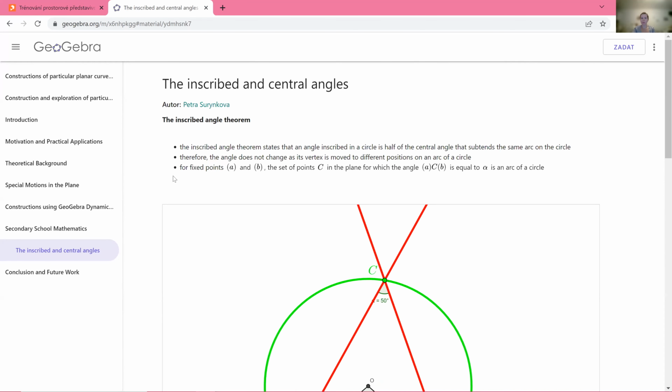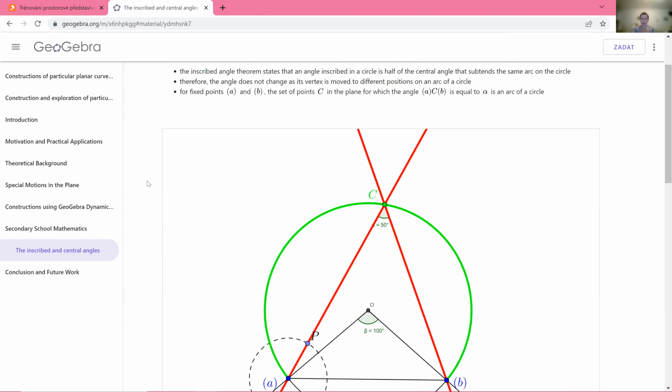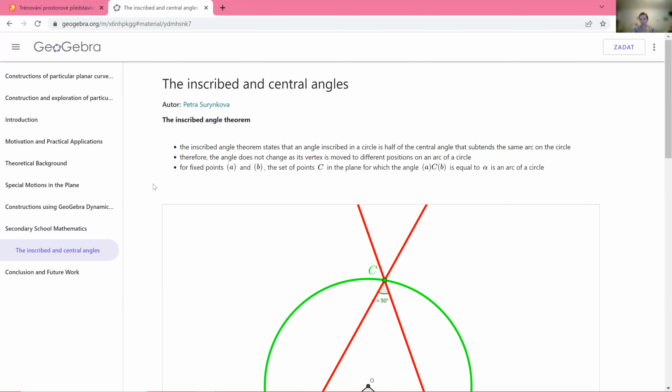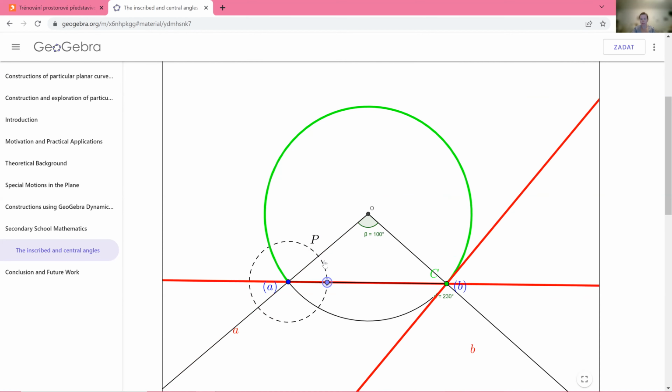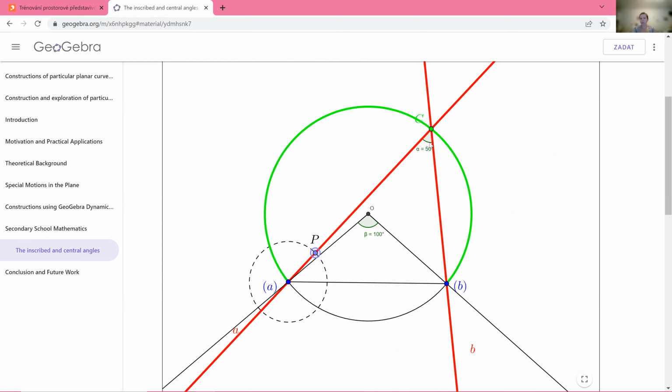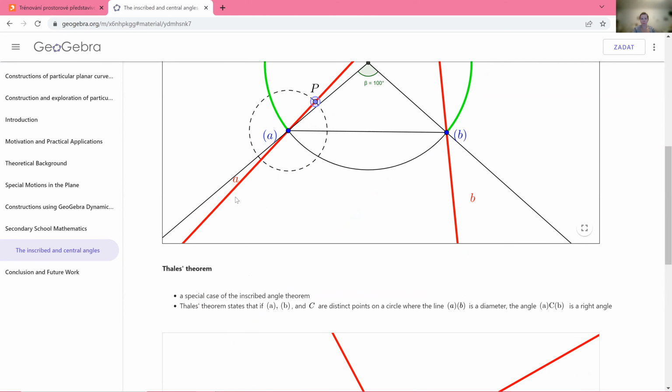So it's, for example, the topic of inscribed and central angles. Here you can see the inscribed angle theorem. I have a point moving on the circle, and we can see that this angle is still the same. I can also change the construction for showing Thales' theorem, for example.